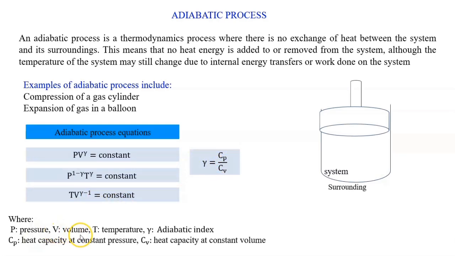P is the pressure, V is the volume, T is the temperature, gamma is the adiabatic index, Cp is the heat capacity at constant pressure, Cv is the heat capacity at constant volume.